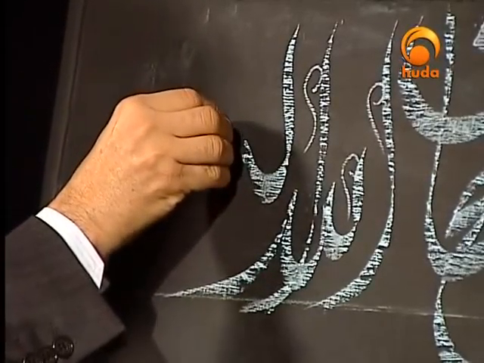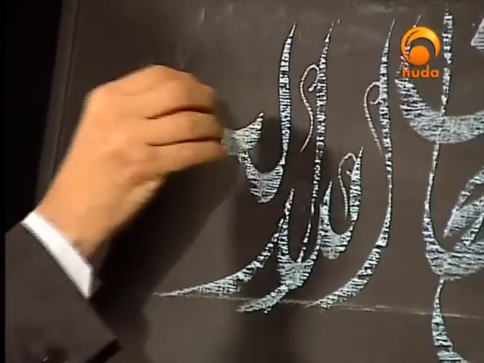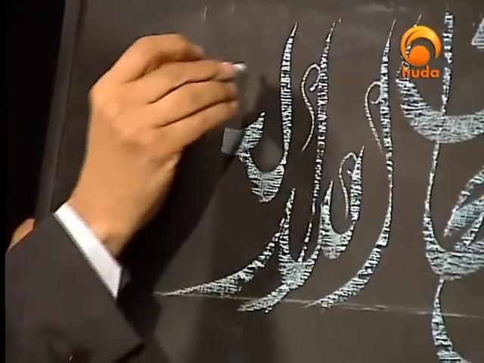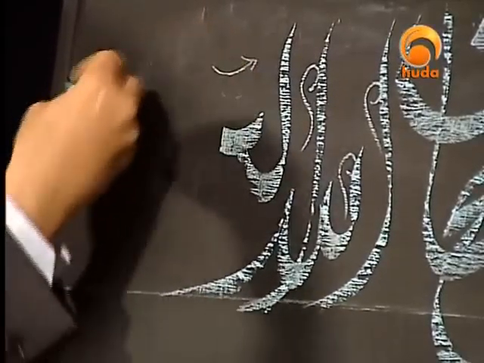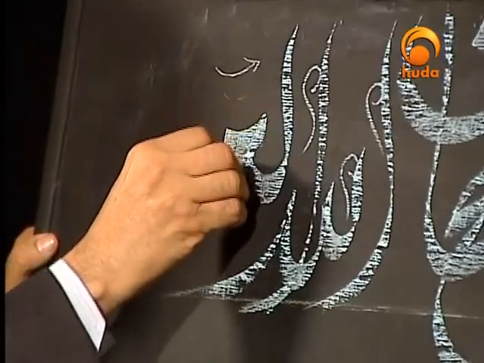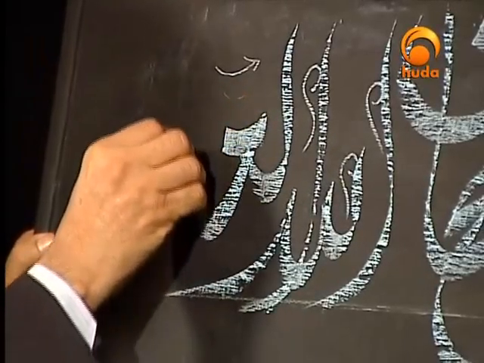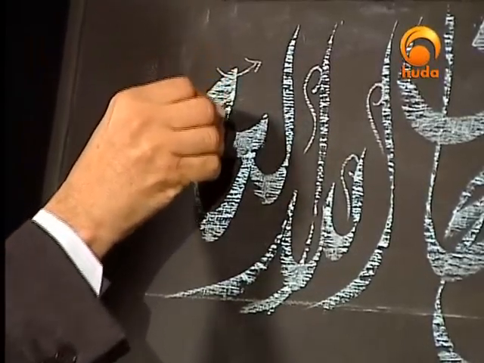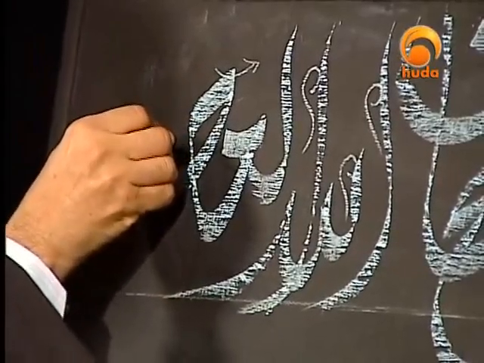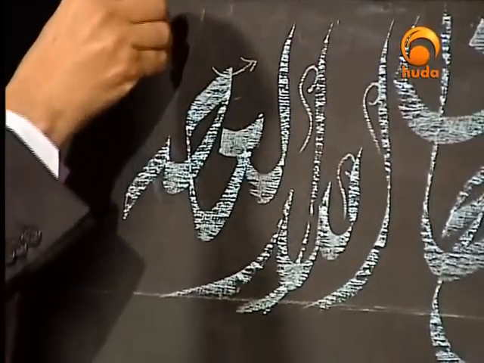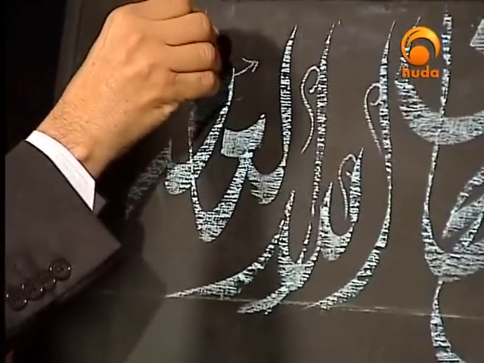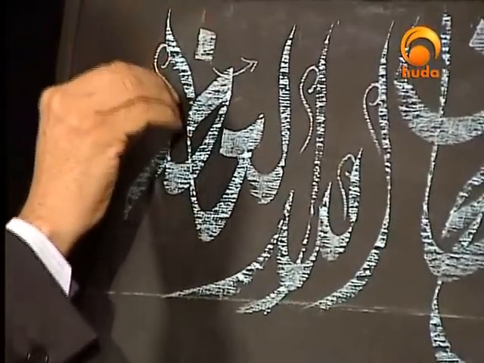Look at our Ain in Jali Diwani. It's an inside curve, like this curve. Al-Azim, the great.